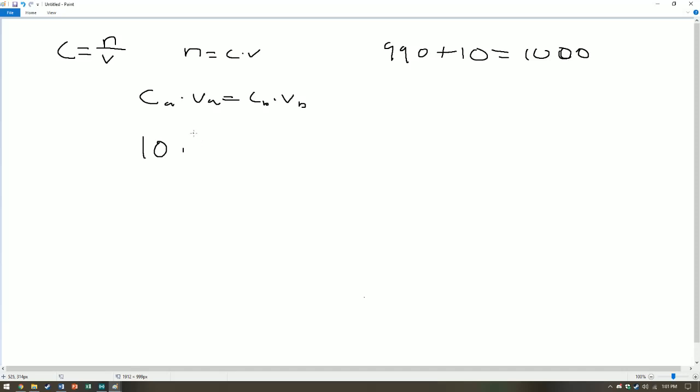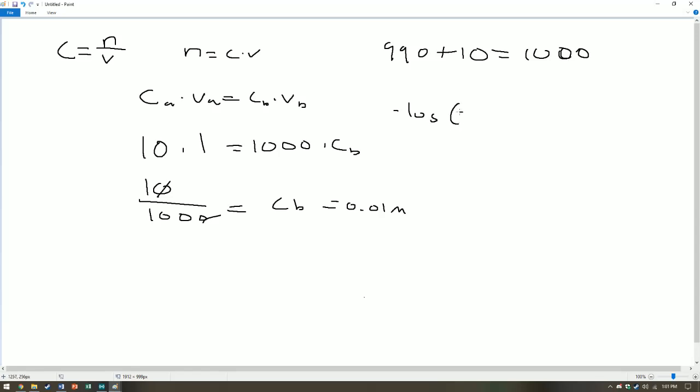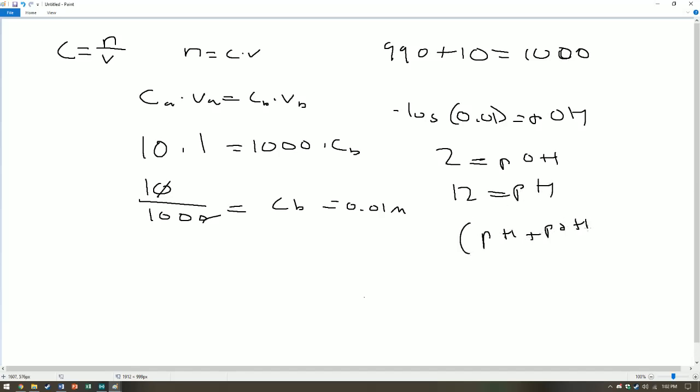So 1 molar equals 1,000 times CB. And we can do 10 over 1,000 equals CB, which is about 0.01 molar. When we take the negative log of that, that's a pOH. So negative log of 0.01 is pOH, which yields us 2 equals pOH, and 12 equals pH, knowing that pH plus pOH equals 14.